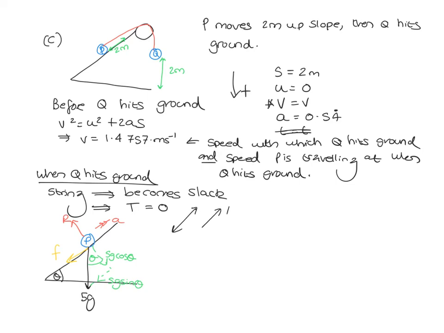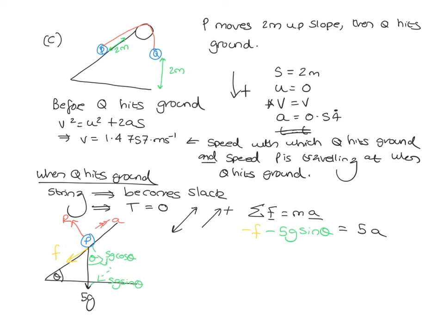I'm going to take up as the positive direction, and apply F equals ma. So we have minus F minus 5g sine theta, and that's equal to 5 multiplied by the acceleration.